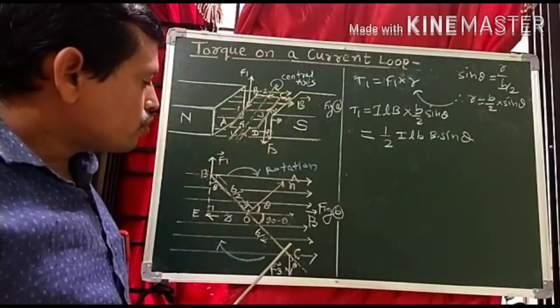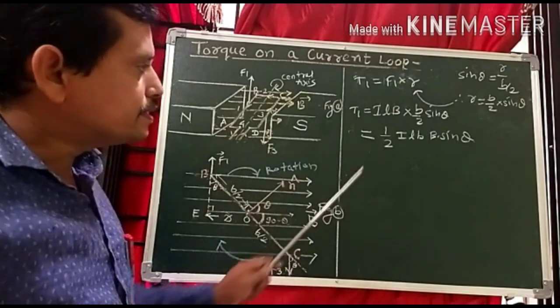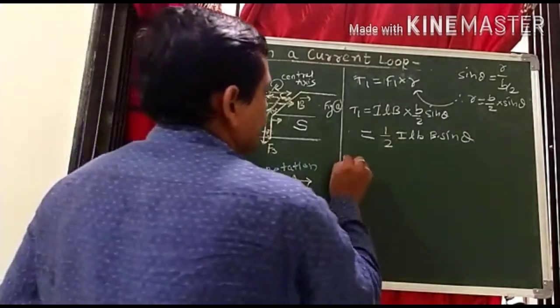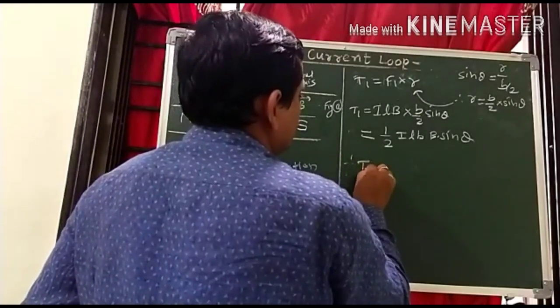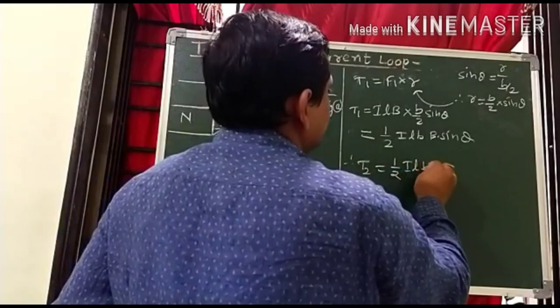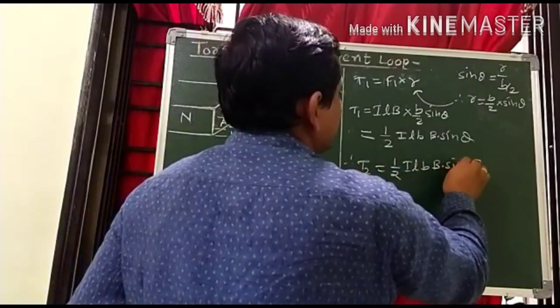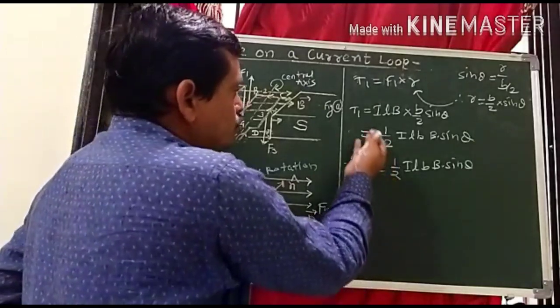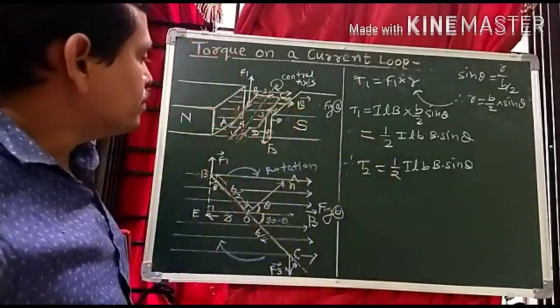Now torque due to the force F3 will be the same as this torque 1, and therefore torque 2 is equal to 1/2 I l b B sin theta.